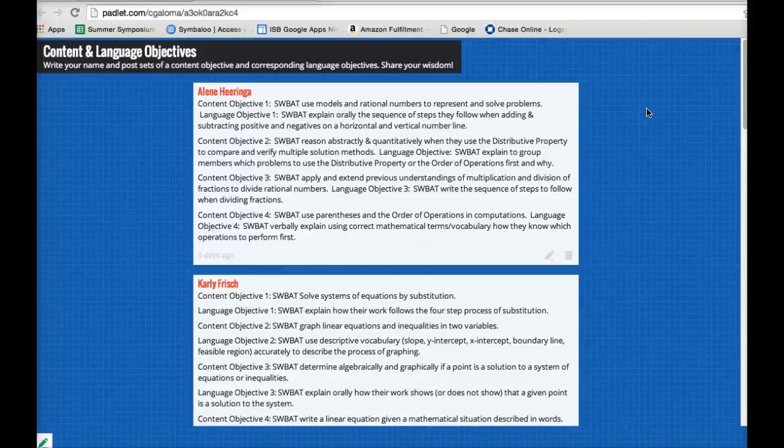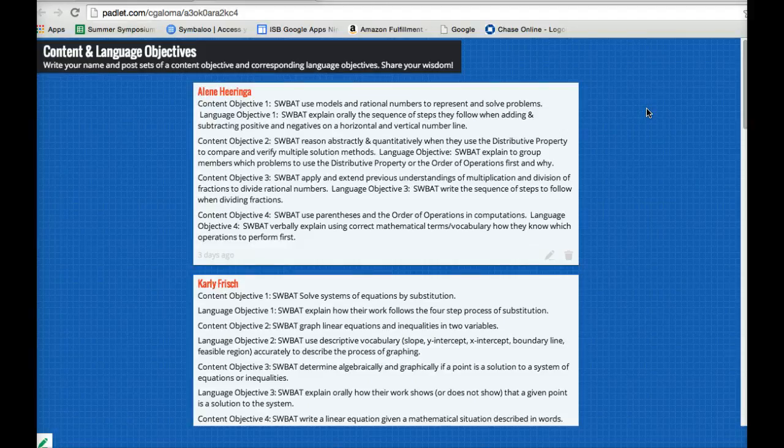I am here to provide feedback on Module 4. That module wrapped up nicely, and I read the blog entries on the importance of writing content and language objectives that support each other.